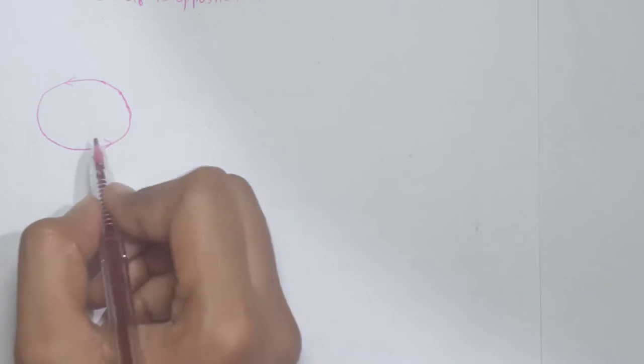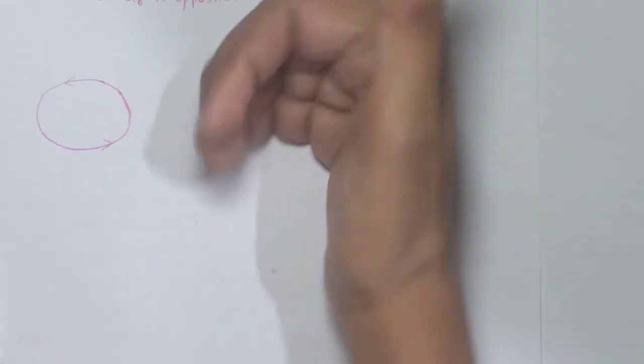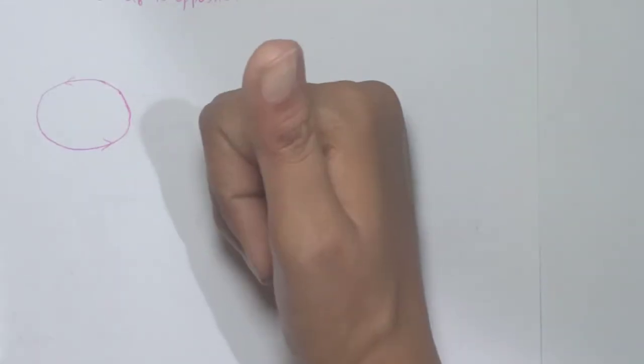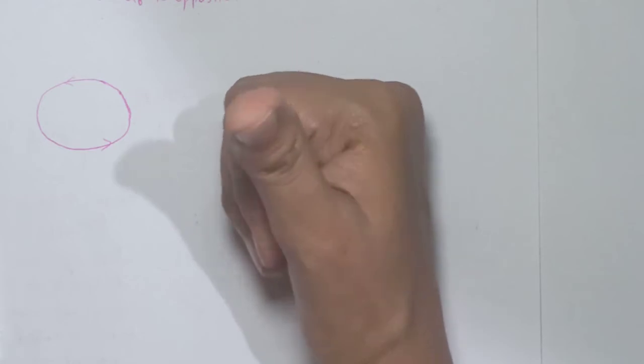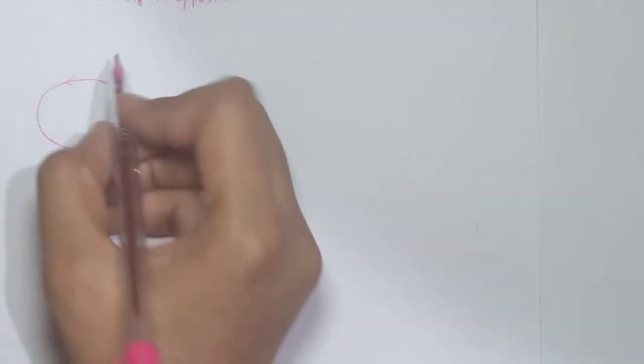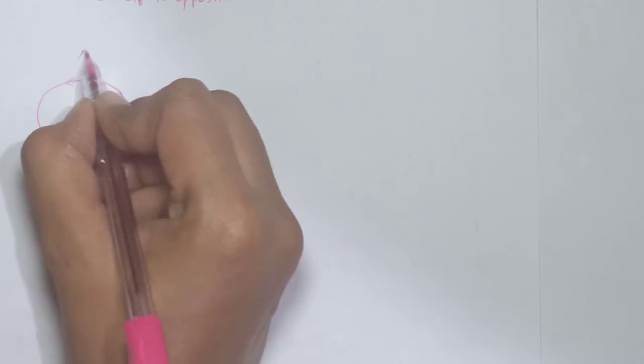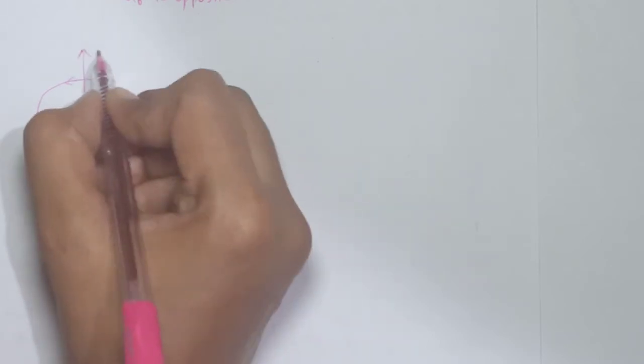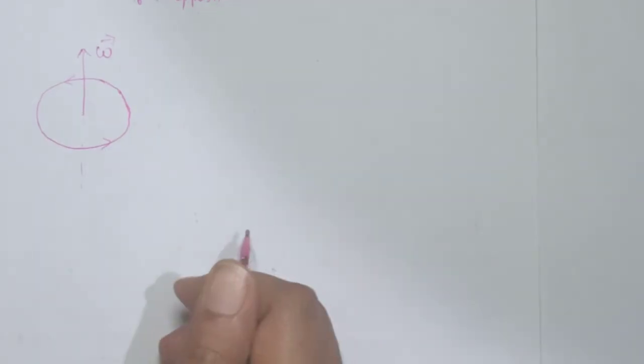To find the direction, you have used the right hand thumb rule, in which you curl your fingers in the sense of rotation, and the thumb gives you the direction of omega. So for this case it was like this.